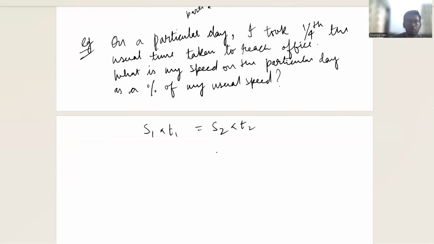So let my usual speed be S1, and the time taken by me, the usual time, be T1. On that particular day, let my speed be S2, and the time taken is given as 1/4 of the usual time, that is T1 by 4.